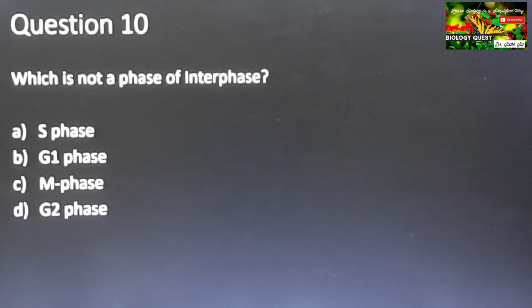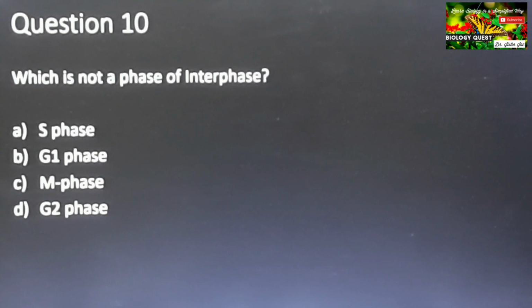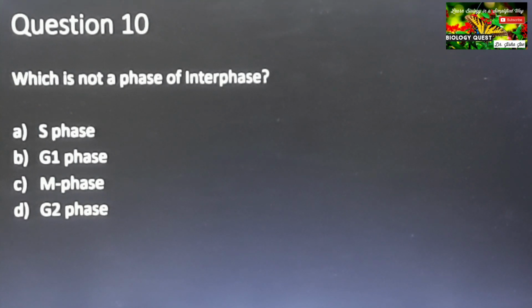Question 10. Which is not a phase of interphase? Options are S phase, G1 phase, M phase and G2 phase. We know the phases of interphase are G1 phase, S phase and G2 phase. And M phase refers to the mitotic phase during which the cell division actually takes place.